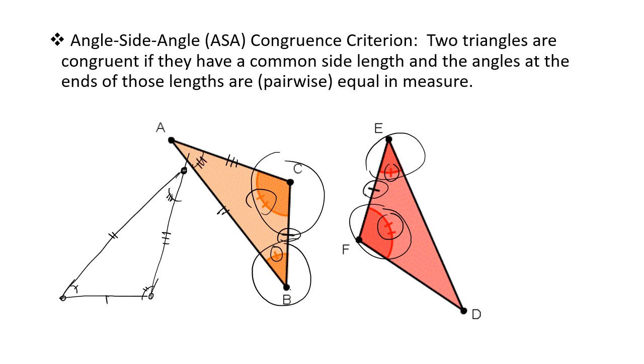We know that anyway because these 3 angles have to add up to 180. So 180 minus these 2 angles is going to be the same as 180 minus these 2 angles, because those 2 angles are the same. This is how we know we're going to get these triangles to be congruent if we have the angle, the side, and the angle in this orientation.